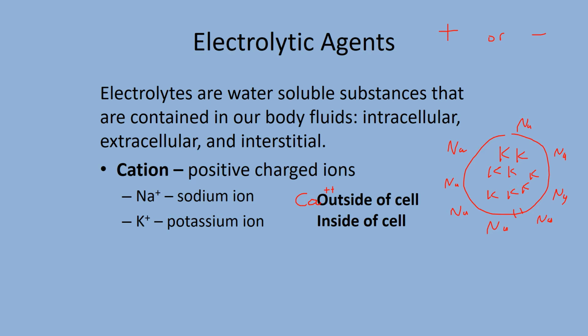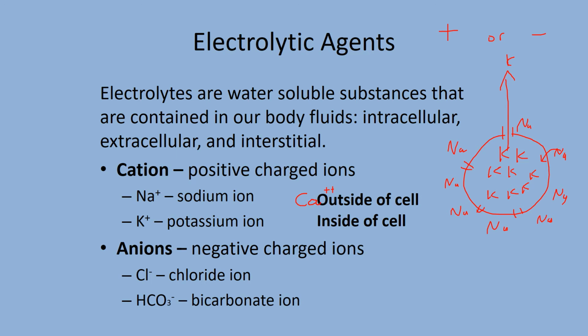So when you open the floodgates, the potassium will flow out and the sodium will flow in. Anytime you're moving anything with charges, you've created electricity. That's how your neurons fire and how your nerve impulses propagate.